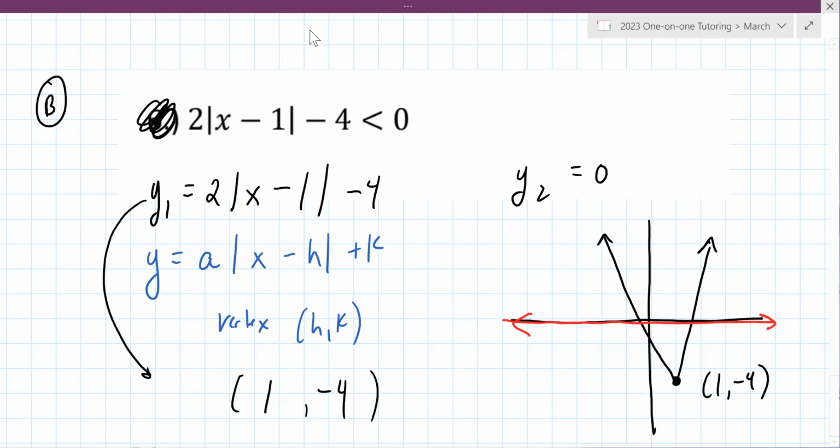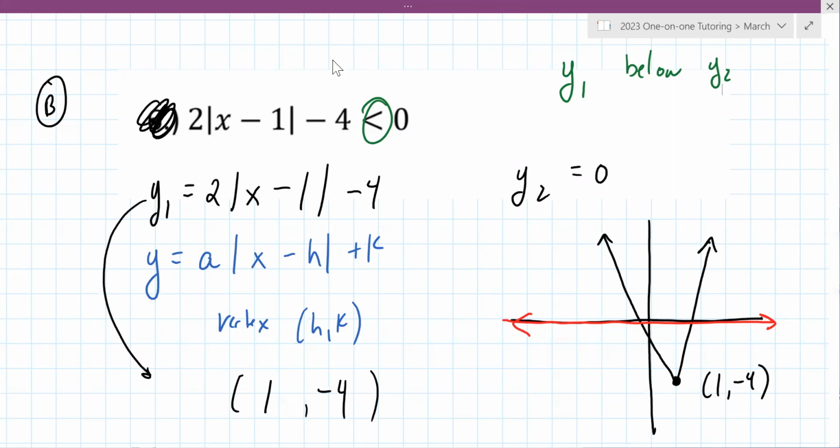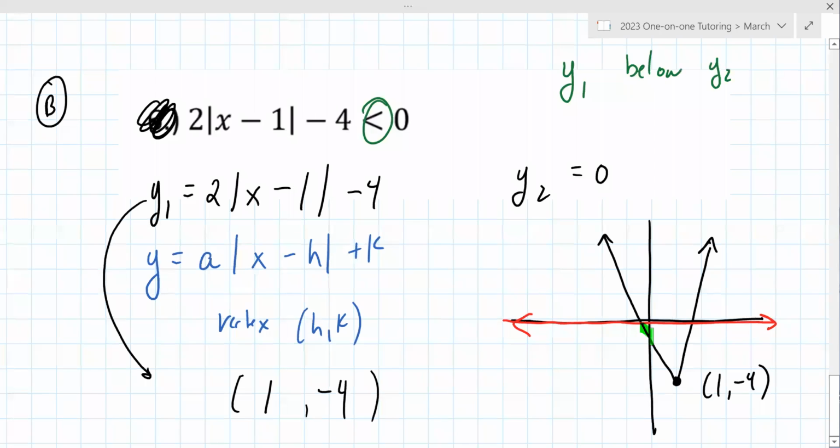And because of this less than here, we're asking where is y1 below y2? I've got a highlighter here. So it's everything where the black is below the red. Black's below the red.